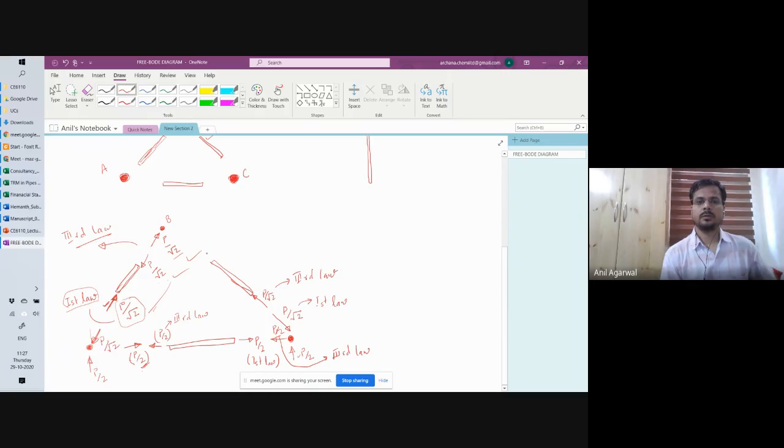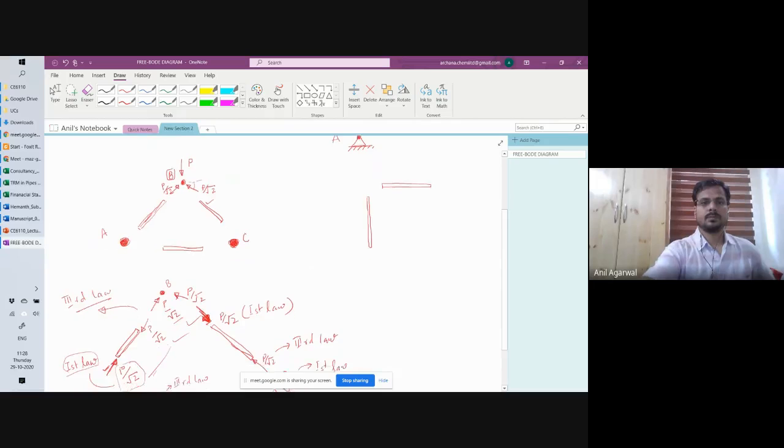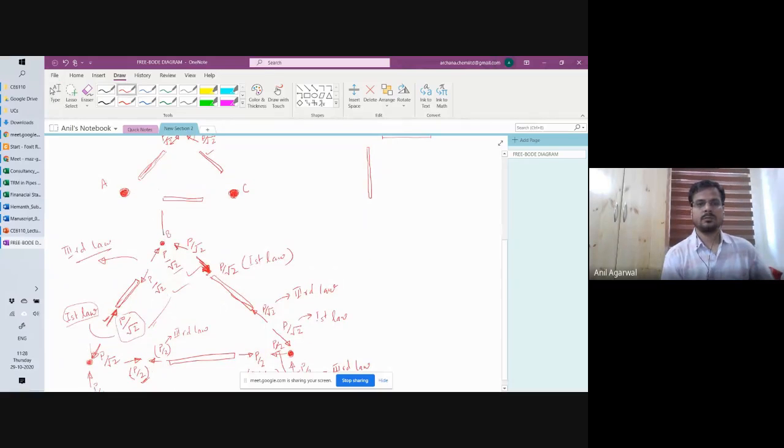Okay, and from the first law we will get P by root 2. Fine? All clear, right? Then this has to be balanced by P by root 2 here. That's what we had started with. Okay. And there was, of course, a P force active here. Is that clear?